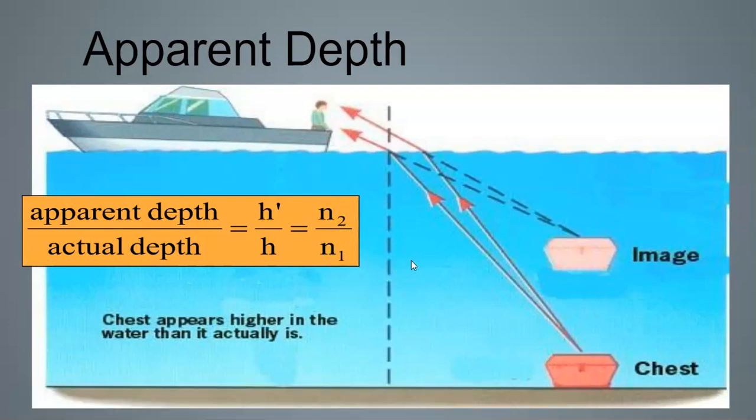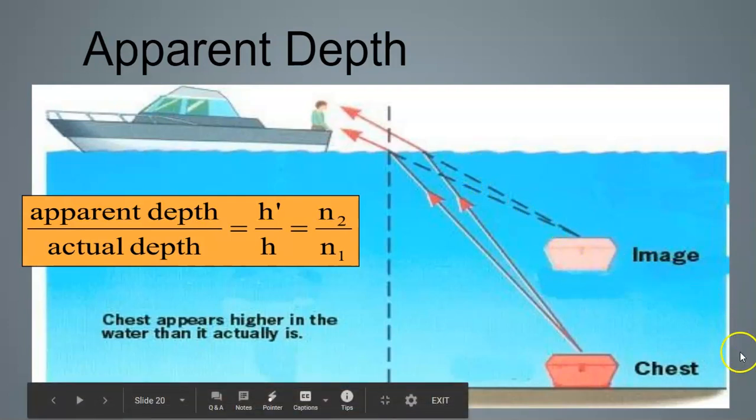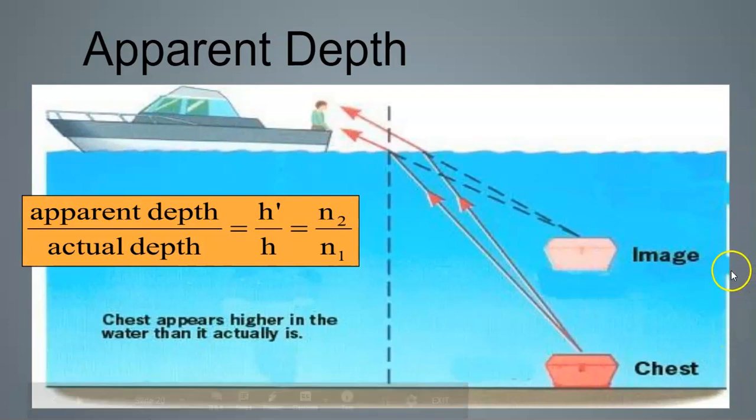And so the thing is really much deeper than it appears. If you see this light coming at you, you draw that line straight back, and you think it's over here, on the bottom, and that the bottom isn't nearly as deep as it really is.